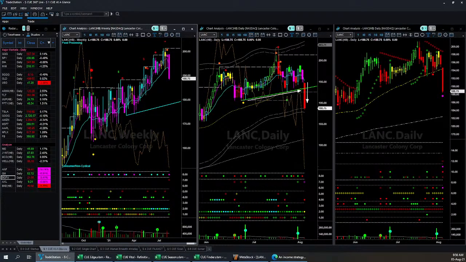Very decisive breakdown from a sideways range. Backdrop is bearish, very bearish shape in weekly. High bearish pressure in weekly, high bearish pressure in daily, though the volume is very small.